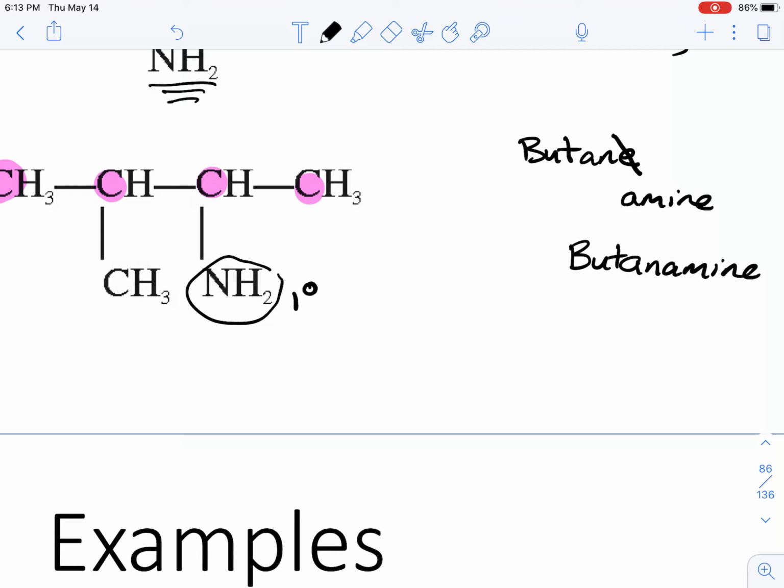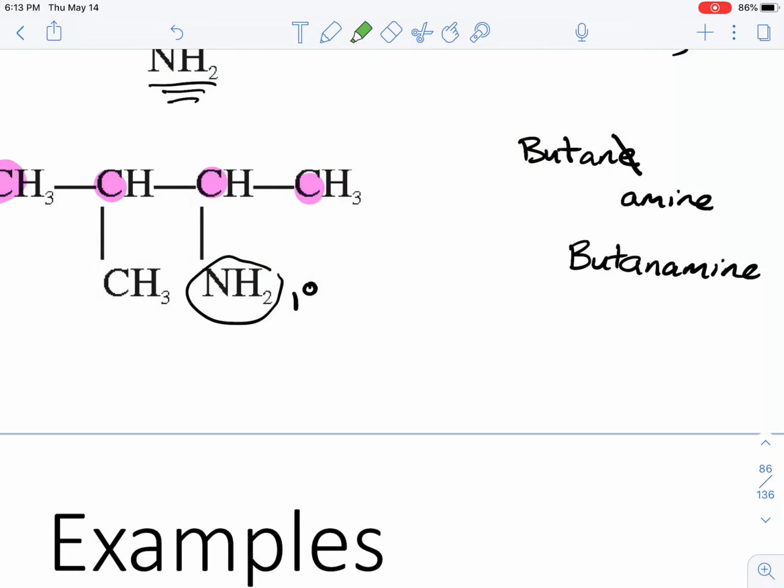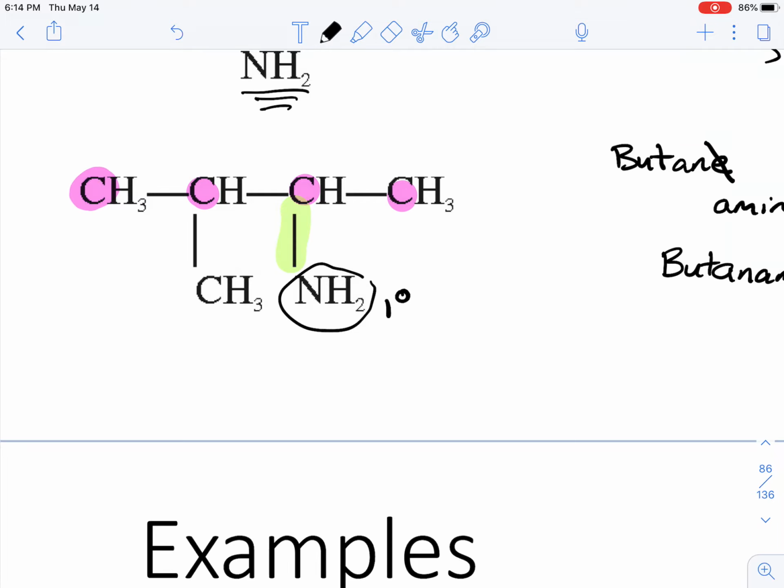And so now that I have the name of my parent chain, I'm going to go ahead and name my substituents. And I'm also going to have to indicate what carbon number that amine is covalently bonded to. And so here, I'm going to number this left to right. So 1, 2, 3, 4. And then in green, I'm going to number it right to left. 1, 2, 3, 4. And so remember that the priority is the amine, not so much the methyl group.